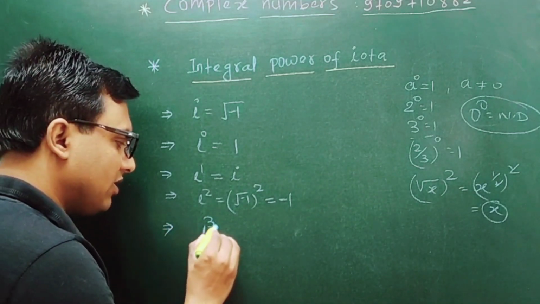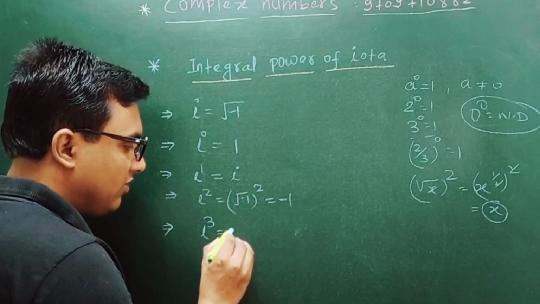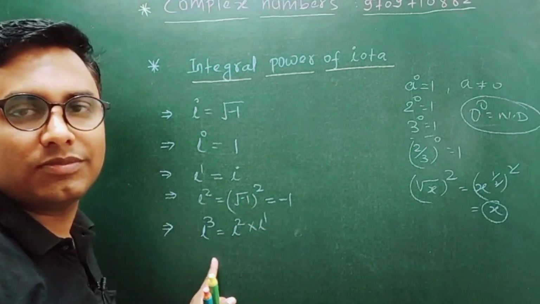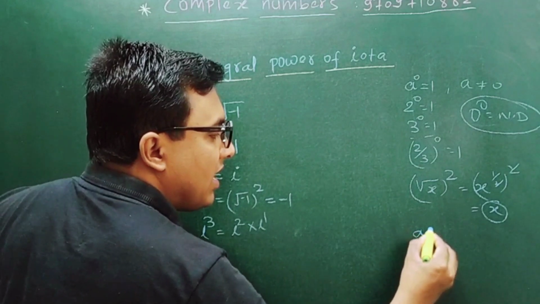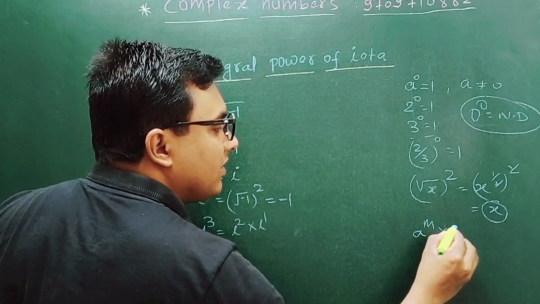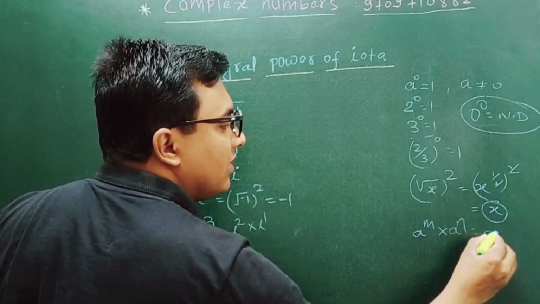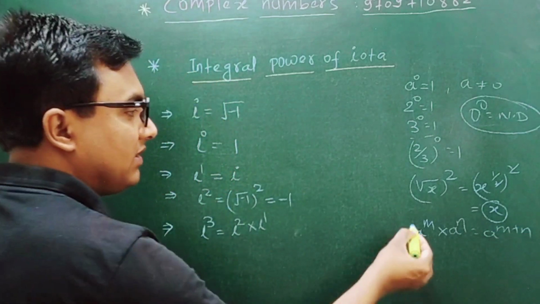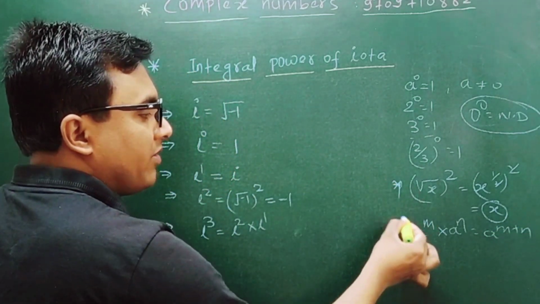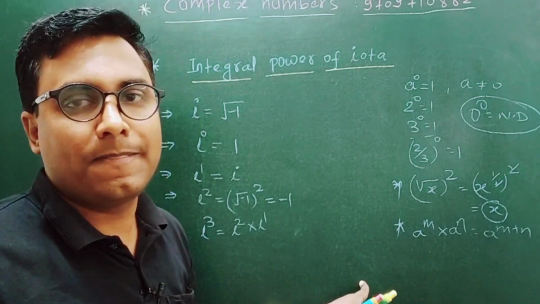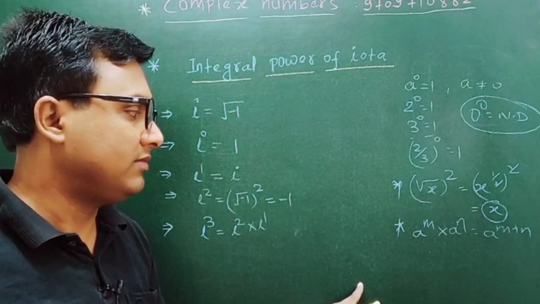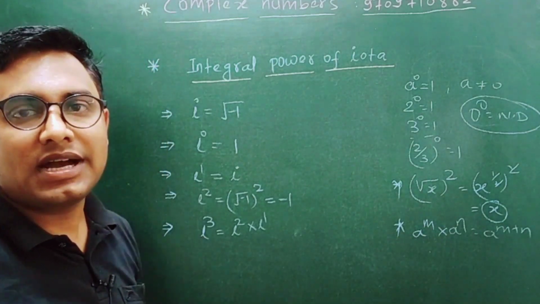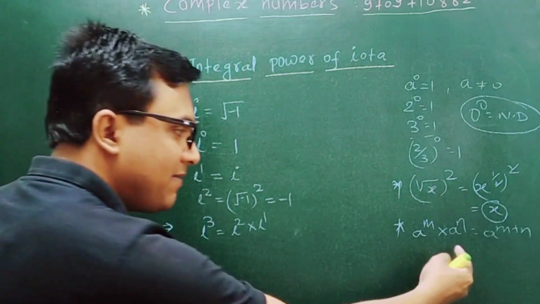Iota cubed is equal to what? Iota cubed is equal to iota square into iota to the power 1. How is this possible? You know a to the power m into a to the power n is equal to a to the power m plus n. That means when bases are the same, then powers are added.